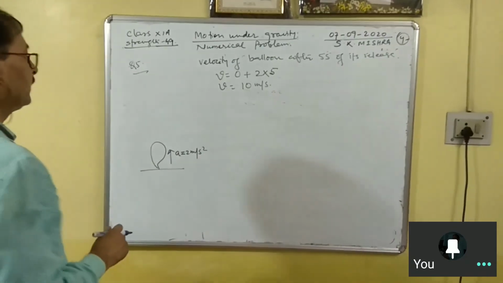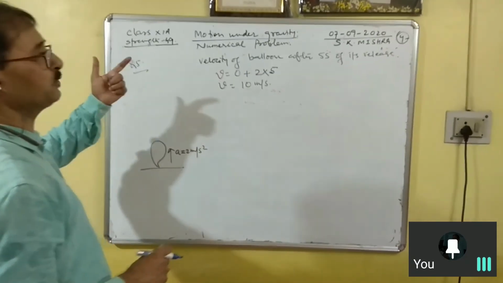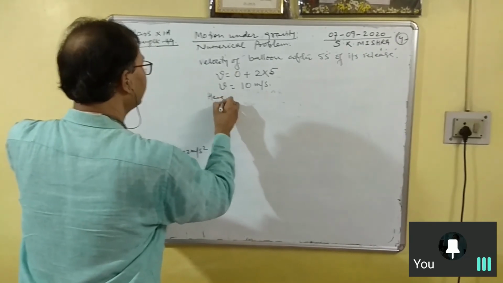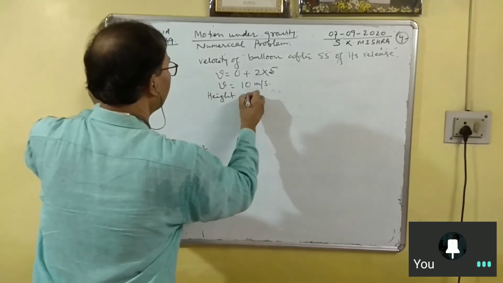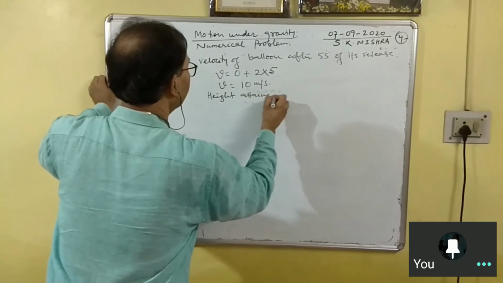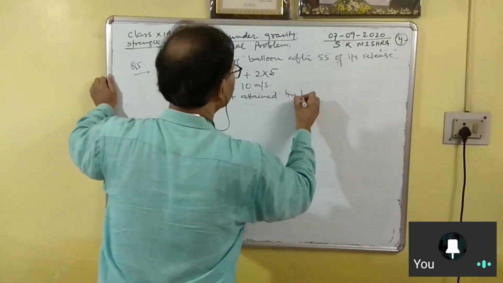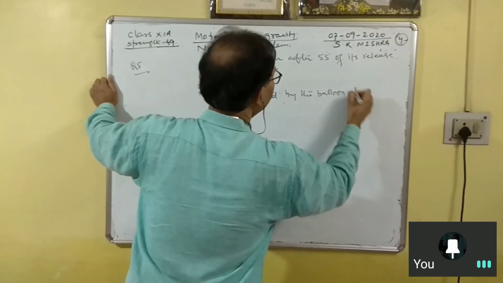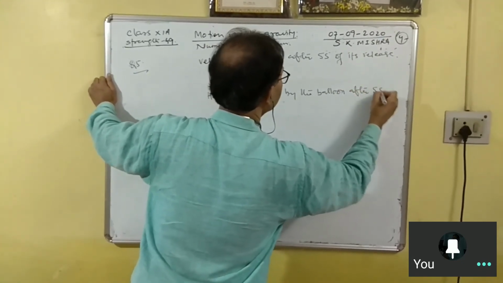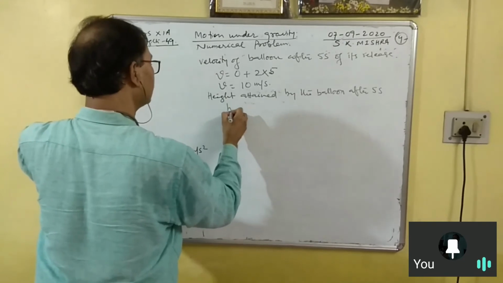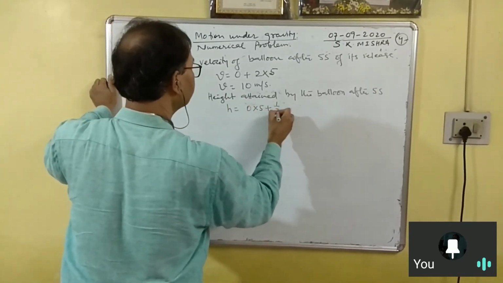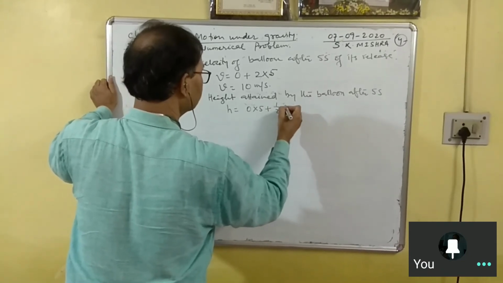Now if I ask you what is the height of the balloon after 5 seconds, that height you can find. So height attained by the balloon after 5 seconds: h is equal to ut plus half at square.